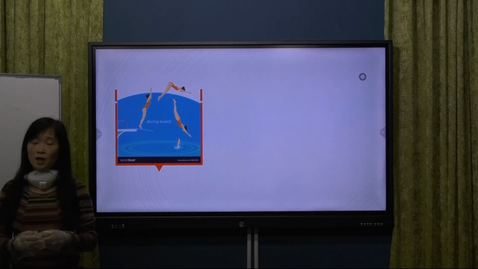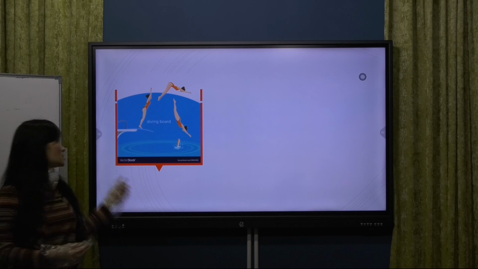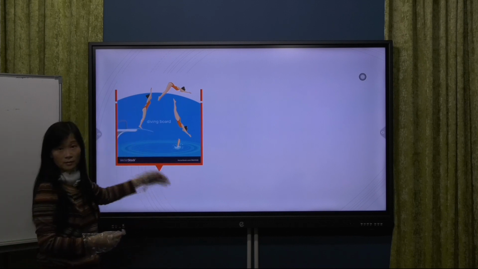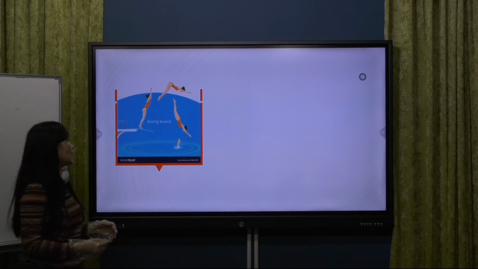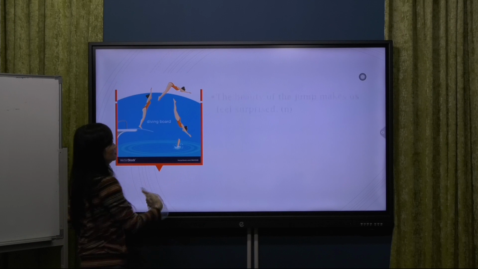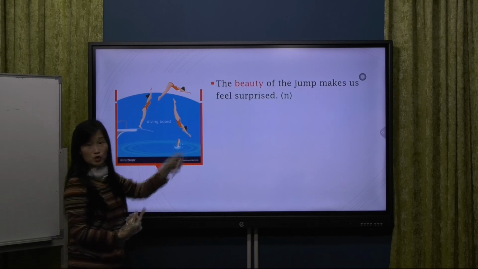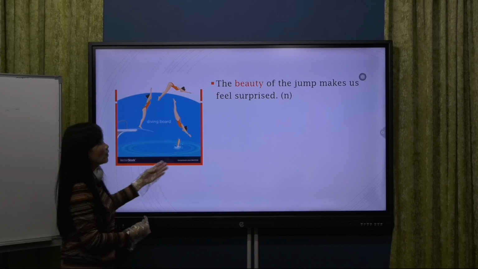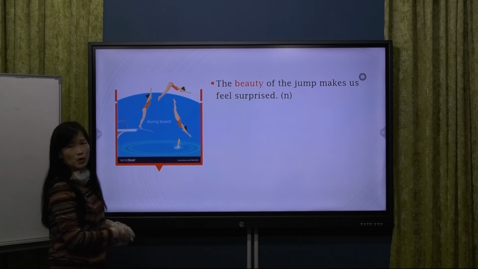So I'll show you some examples. So in Unit 3, we are going into something about sports, and this is one of the sports. This is springboard diving. What kind of sports? Springboard diving. And we can use the word beauty to form a sentence like this. The beauty of the jump makes us feel surprised.